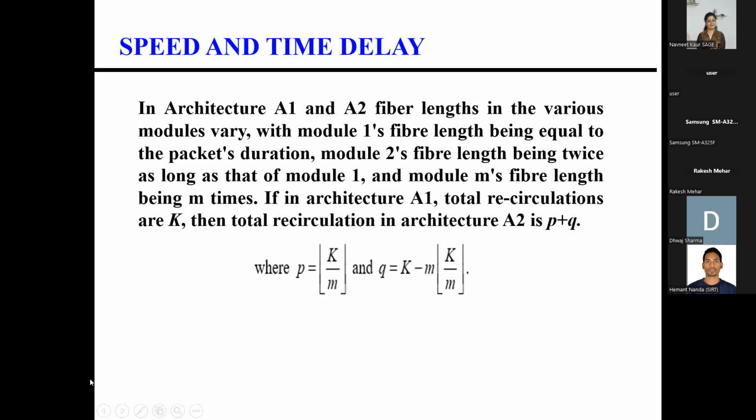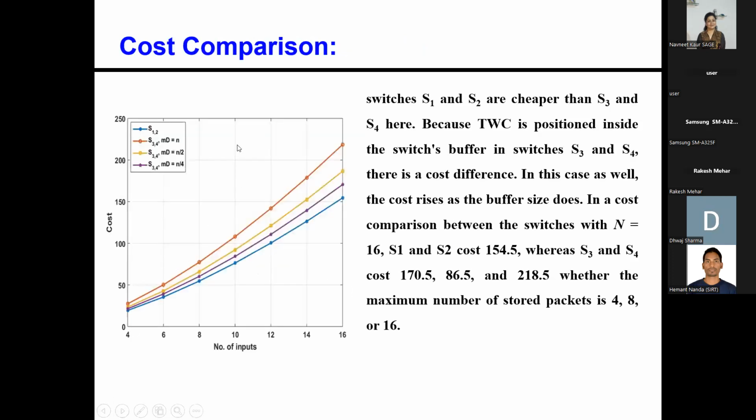And similarly, for cost comparison, cost in the sense of number of components, not in the sense of money. As the number of components we use for the switches increases, the cost increases. The main cost was TWC. As we see in switches S3 and S4, more TWC is needed, so the cost is higher.